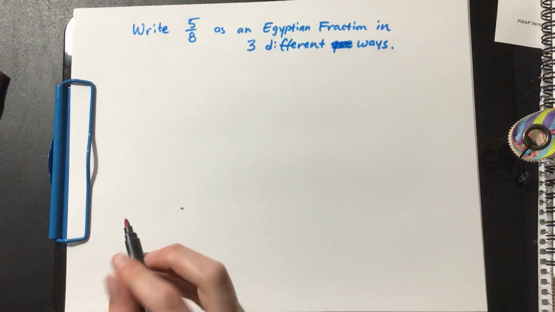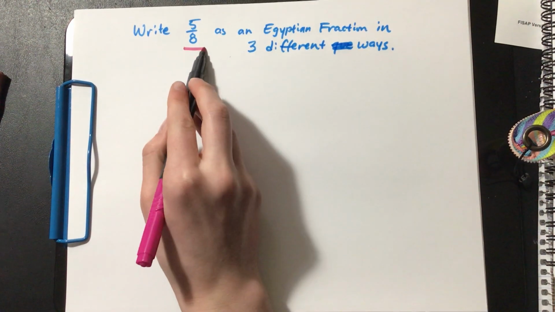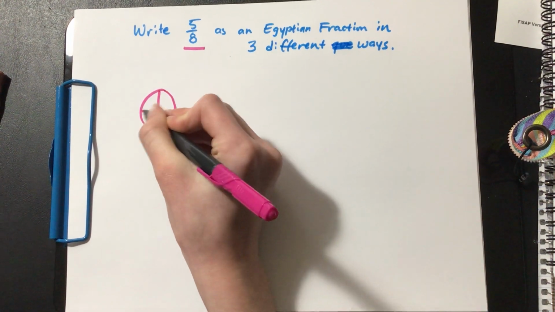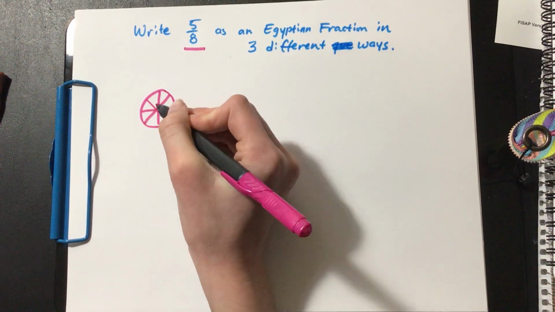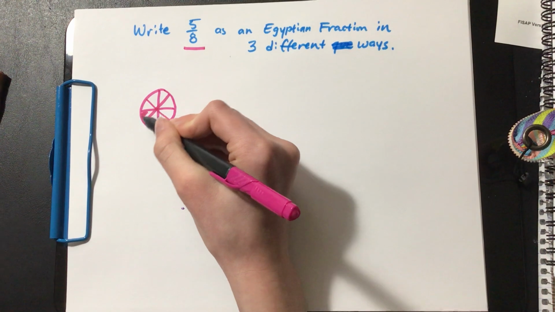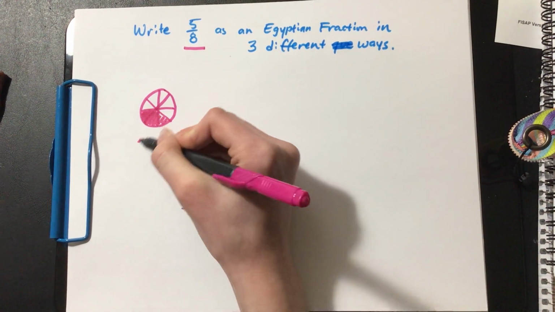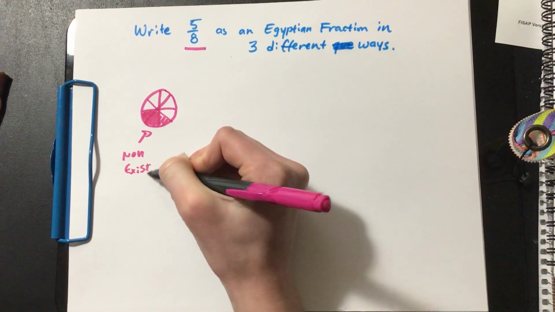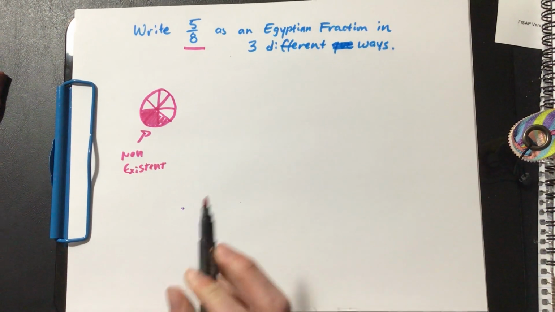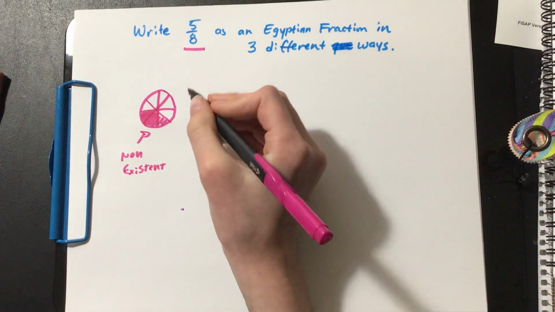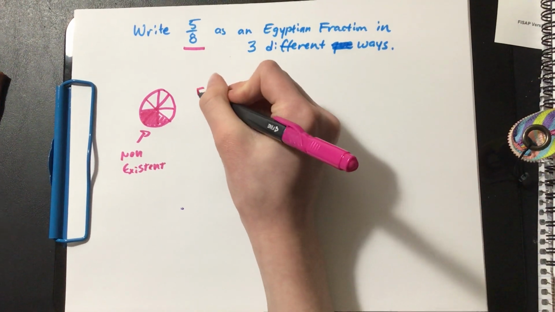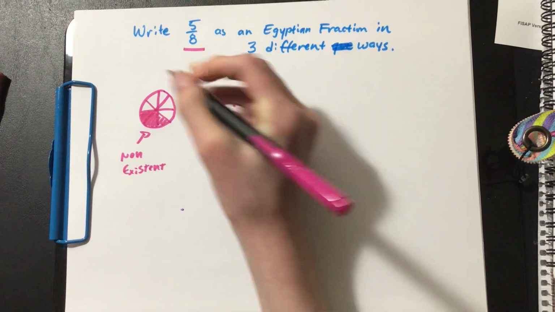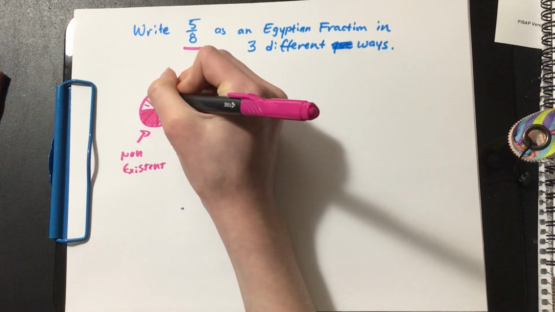Okay. So anyway, 5/8. So we have ourselves some 8s, but we only have 5 of them. But of course we can't do 5/8. We can maybe do 1/8, and then this one will be handled.